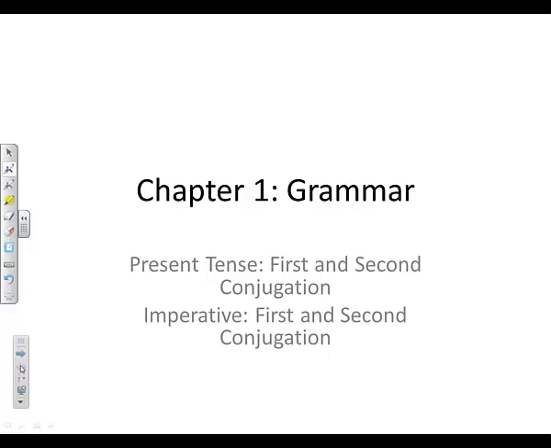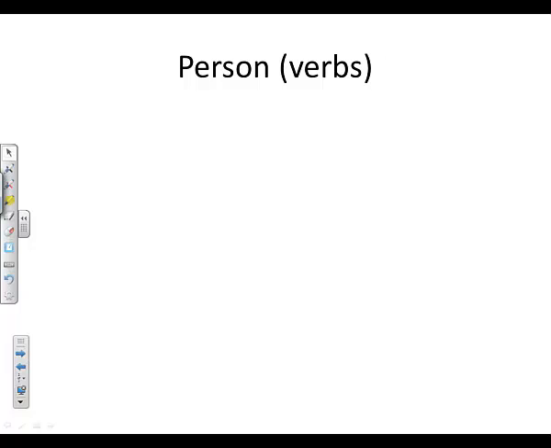The first attribute is called person. That is, who is doing the verb determines the form that the verb takes. Thus you say something like, I am, and not, I is. That's bad English to say I is instead of I am.